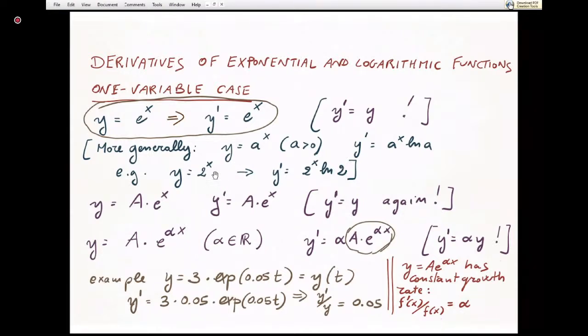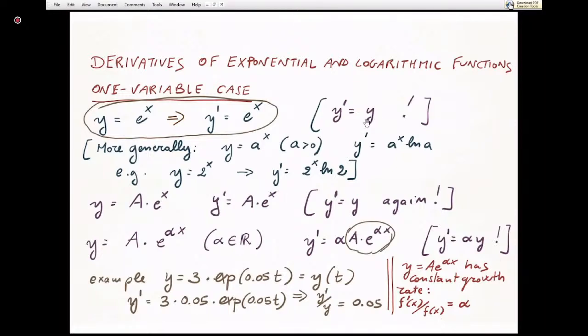For instance, for the exponential function 2 to the power of x, the derivative is 2 to the power of x log of 2, where this log is the natural log. The base of this log is e. Again, if we have the exponential function times a constant, capital A times e to the power of x, the derivative is equal to the function itself.